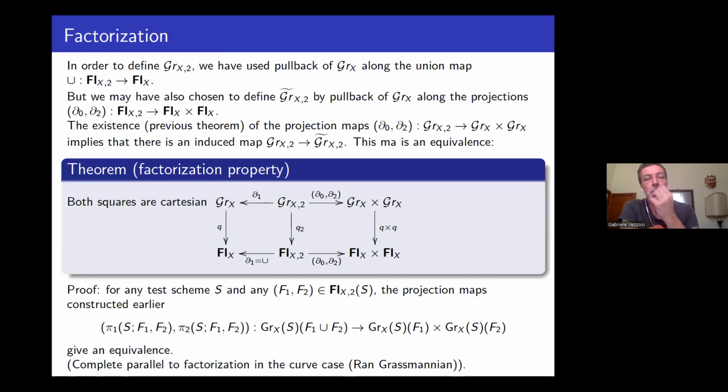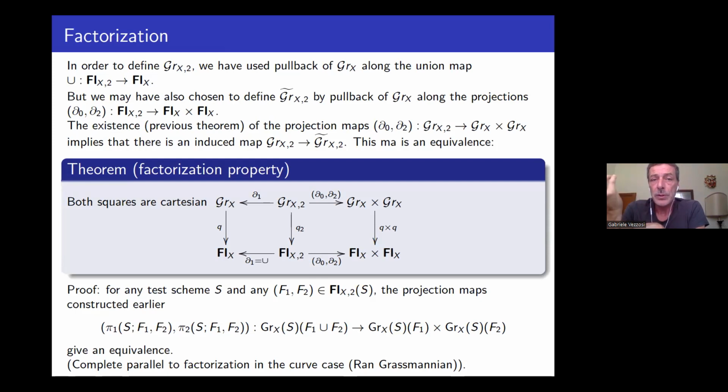So now the factorization. We want to show that this Grassmannian, this simplicial version of the flag Grassmannian, has a factorization property. The way we do it, we observe that in order to define the flag Grassmannian at level 2, we have used the pullback of the flag Grassmannian level 1 along the union map of flags.